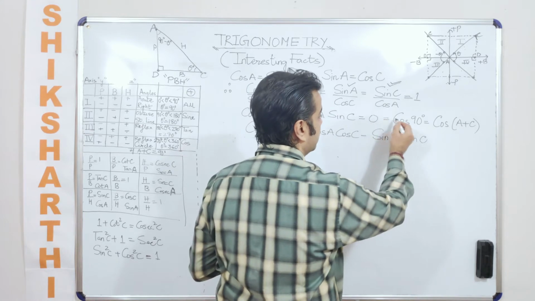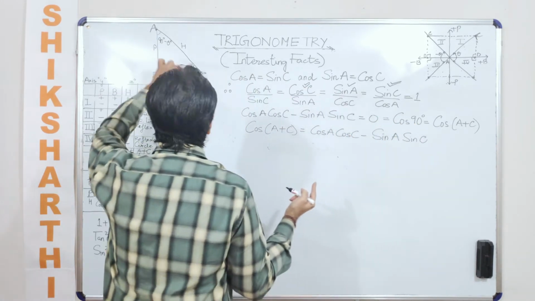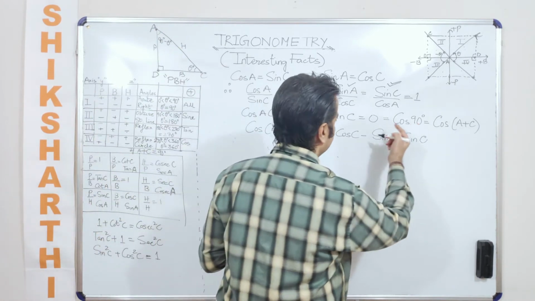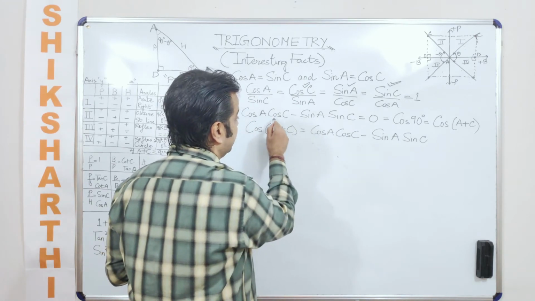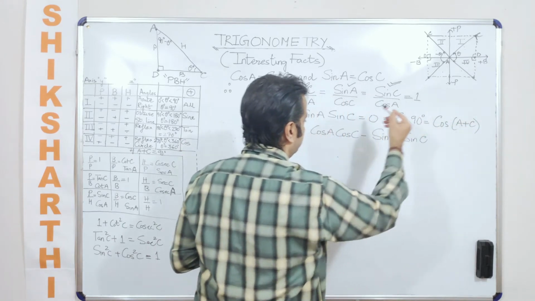Now we already know that cos 90 is equal to 0. And at the same time in this triangle, A plus C is equal to 90 degrees. So what we have established from here is cos A cos C minus sine A sine C is equal to cos of A plus C.